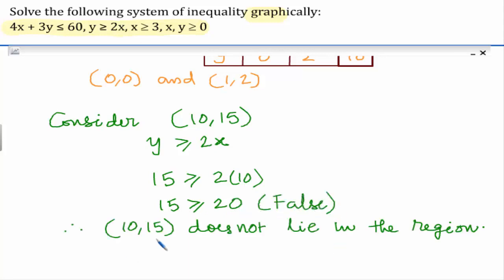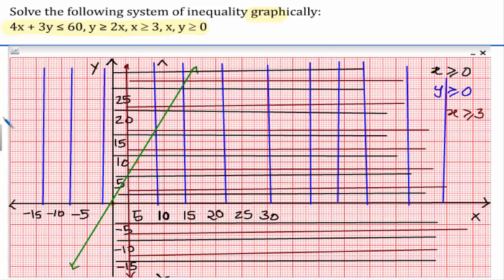So therefore (10, 15) does not lie in the region. So we have to draw lines opposite to that. (10, 15) will be here, so that means our lines should be this side. Now the green lines will represent the solution of the inequality y greater than or equal to 2x.